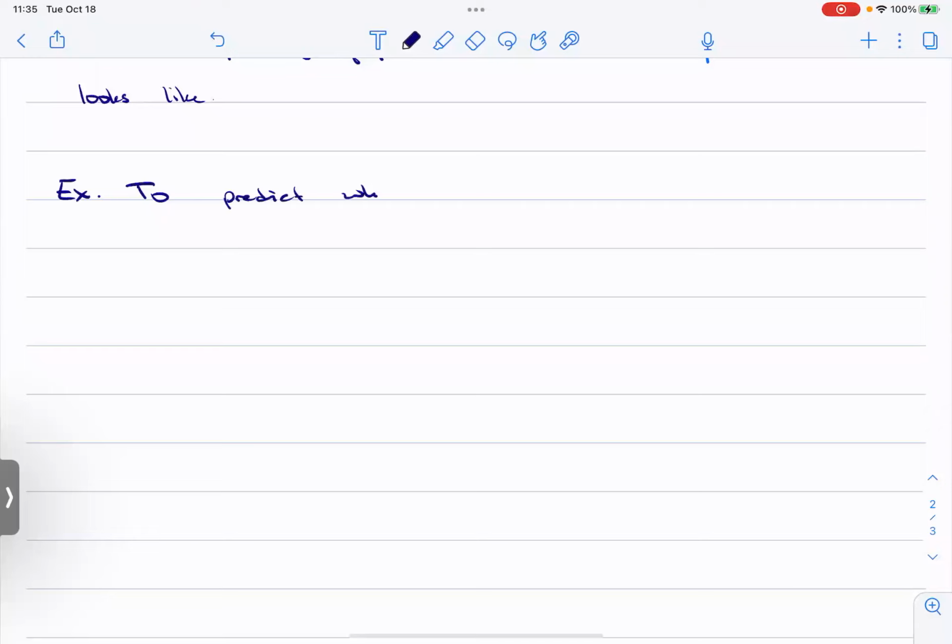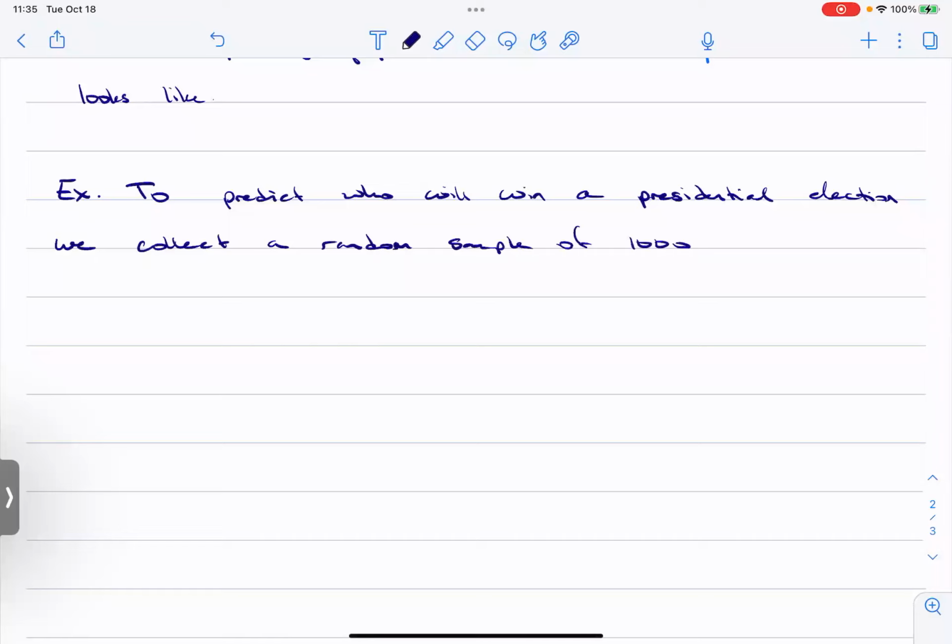So to predict who will win a presidential election, we collect a random sample of 1,000 US adults, let's say.